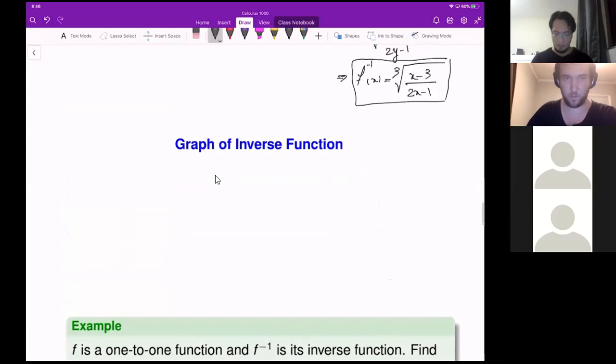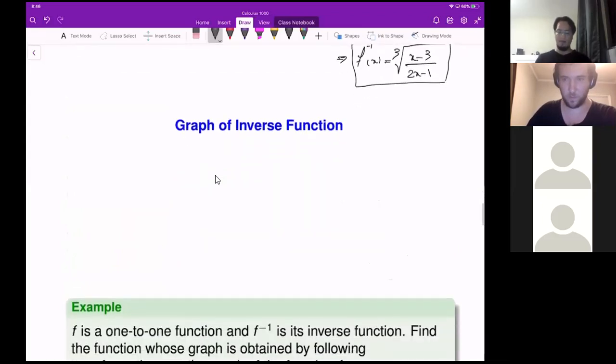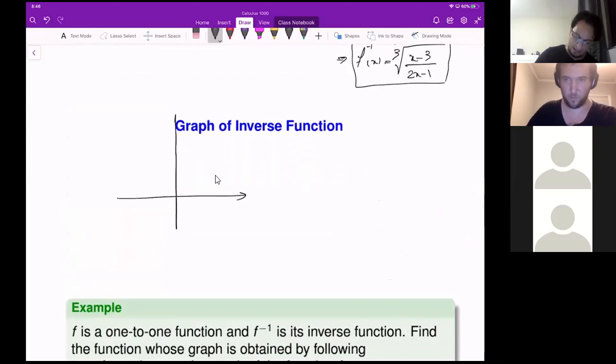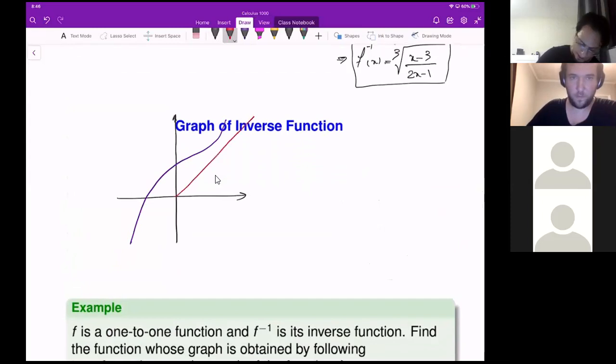Okay. So what happens to the graph of a function? Well, when you have a function and it is one-to-one, something like this, then the graph of its inverse is basically the reflection about the line y equals x.